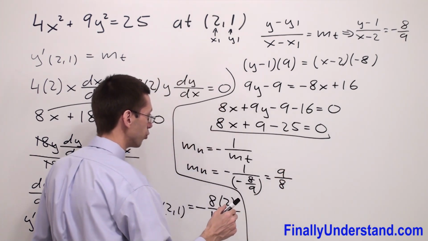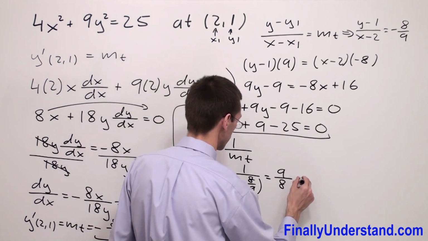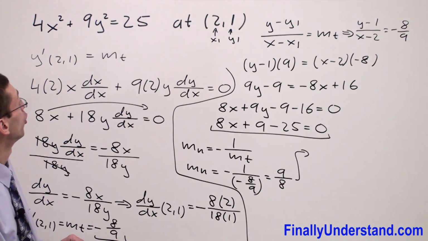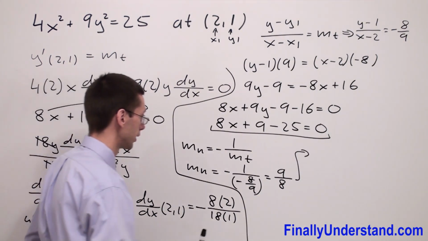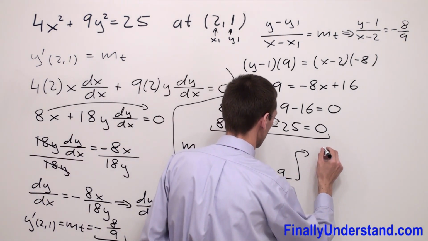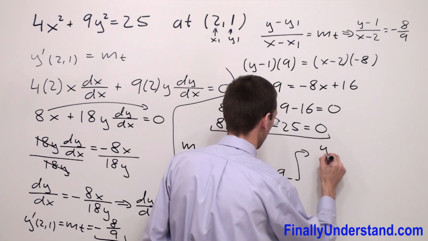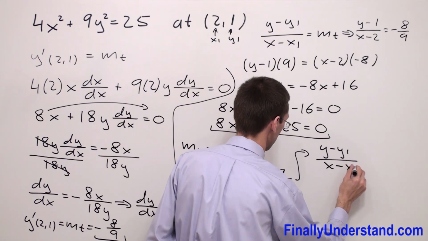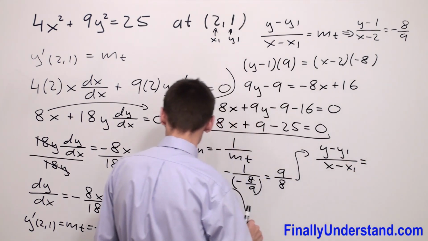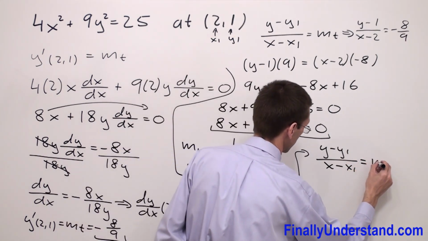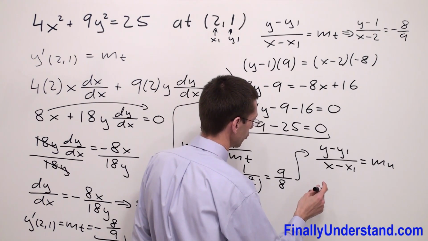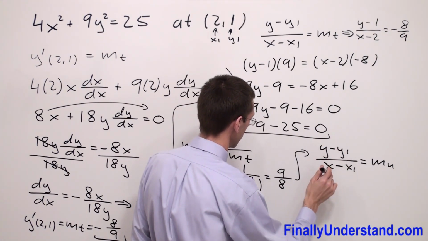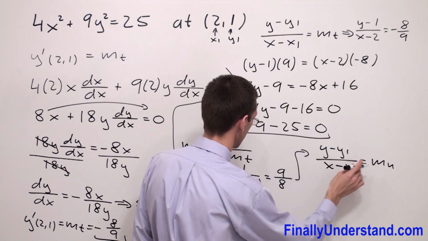Again, we're supposed to use the point-slope form. So I'm going to write that this is (y minus y1) over (x minus x1) equal to mn. Now we're supposed to substitute x1, y1 and mn.